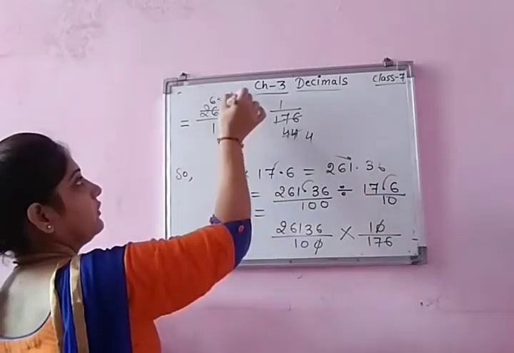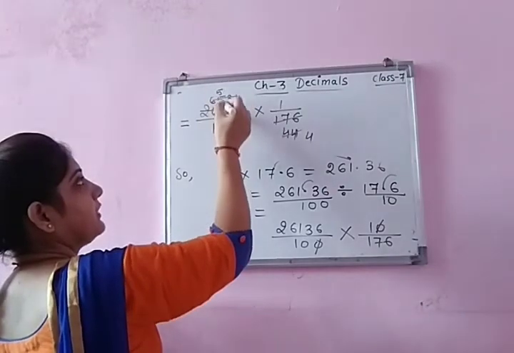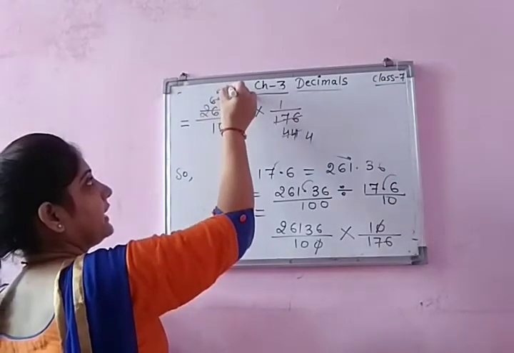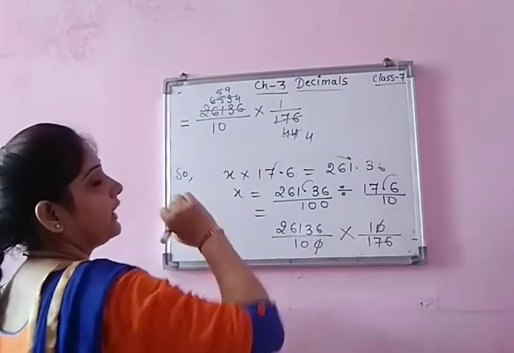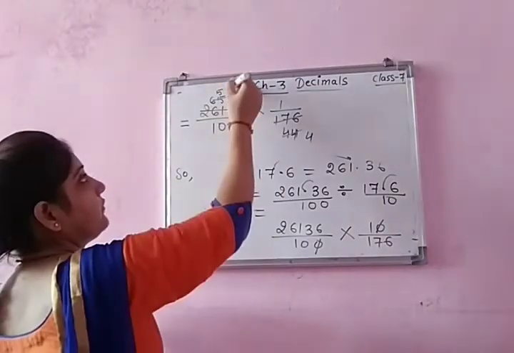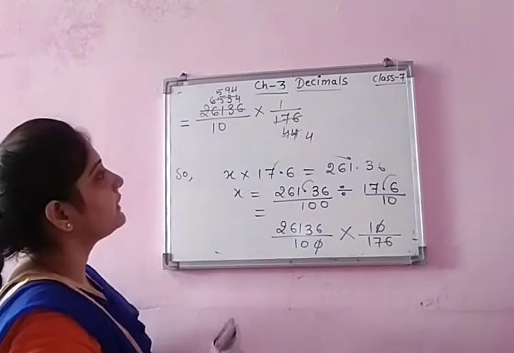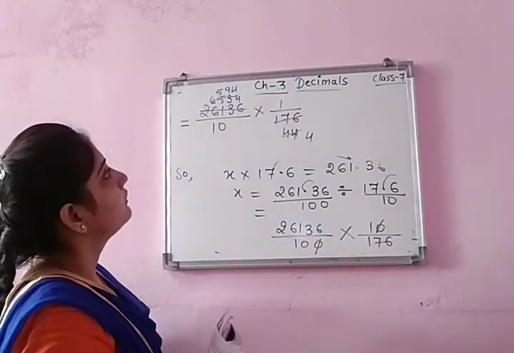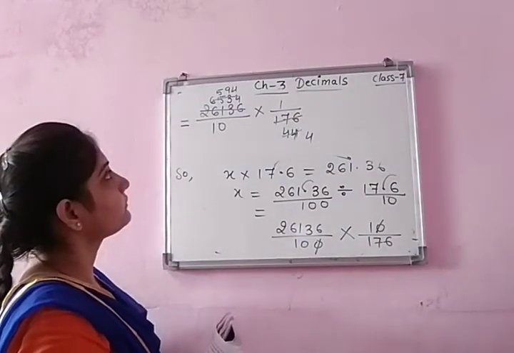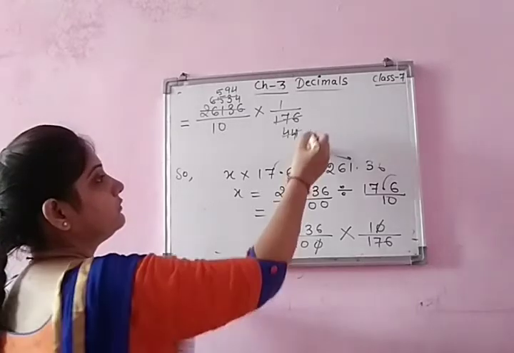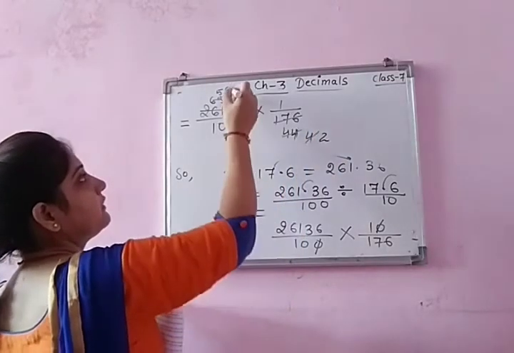11 4s are 44. 11 5s are 55. 11 9s are 99. And 11 4s are 44. Now check whether it's solved by 4 or not. No. Do it by 2. 2 times.